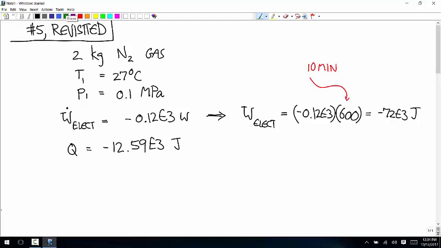Okay, so we're heading towards the first law. We have the total change in energy due to work, total change in energy due to heat.